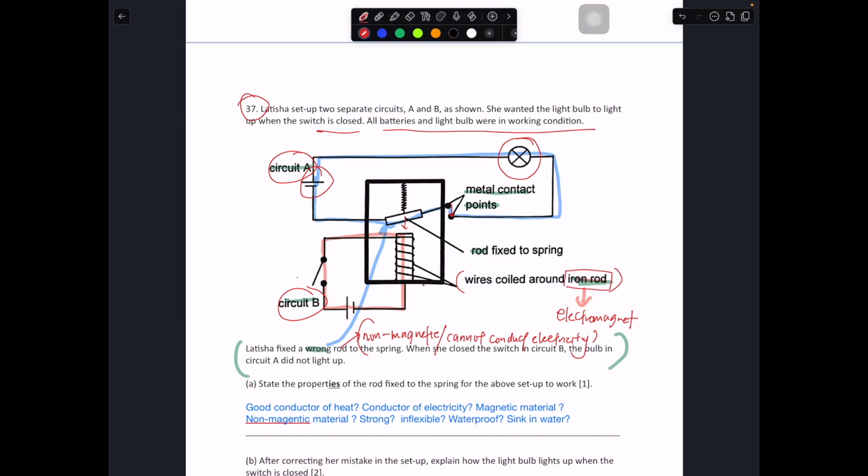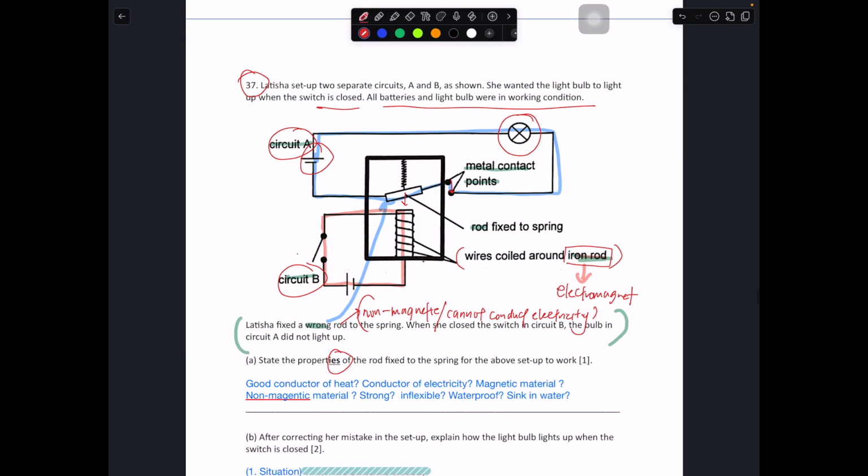These are the two possible reasons. Then they say, state the properties. Notice this is plural, so how many properties? You probably need a minimum of two properties of the rod fixed to the spring for the above setup to work.